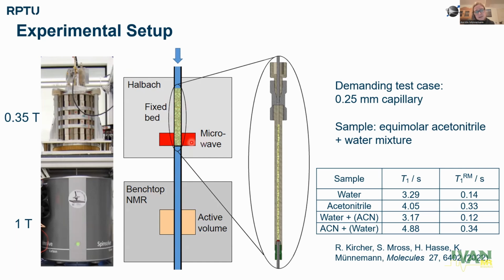So here is the EPR resonator where we do microwave irradiation, and then here's a frit, and then we come out with a native hyperpolarized sample and can easily measure our NMR signal. And the reason why ODNP works so great under continuous flow is that, of course, in the presence of the radicals, the T1 times are shortened dramatically, and therefore the polarization buildup is much, much faster than in conventional NMR.